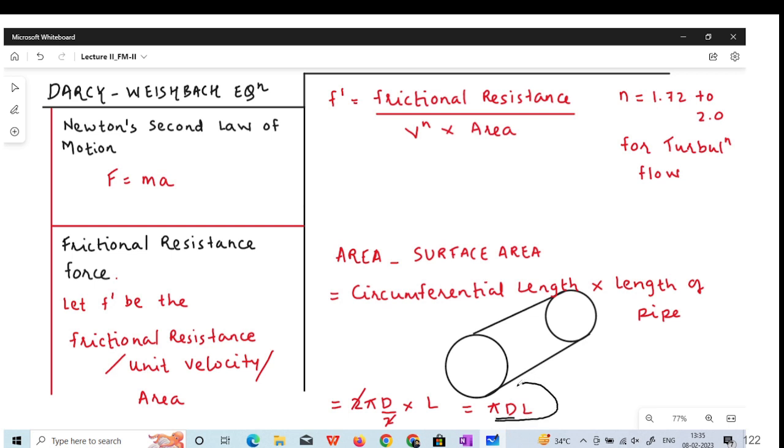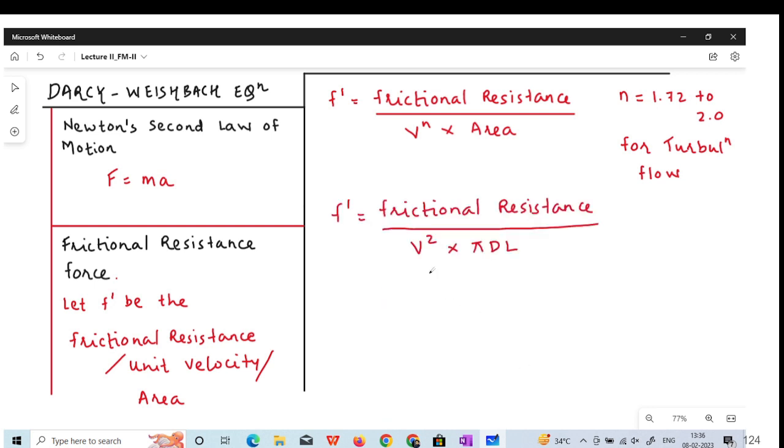So this whole thing will give you inner surface area, or circumferential area. From this you can calculate frictional resistance. Frictional resistance equal to F dash into V square into pi d L. N can be taken as 2. We have discussed about it.